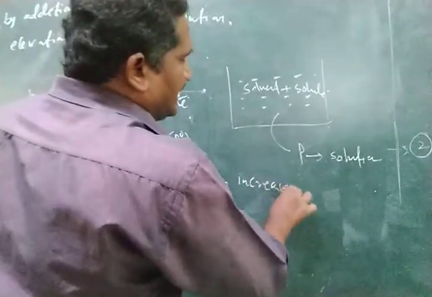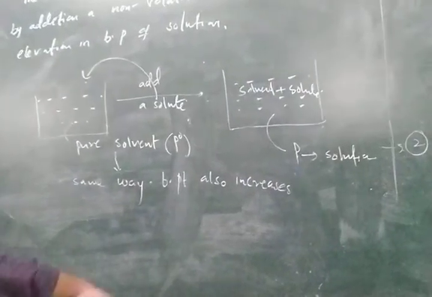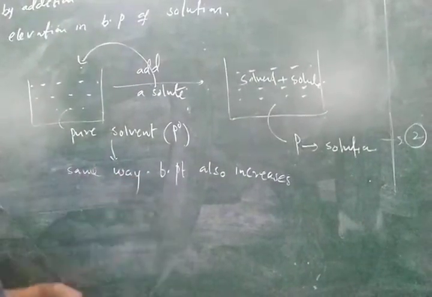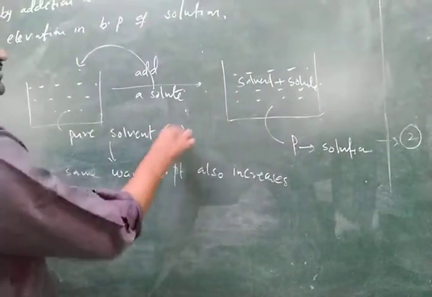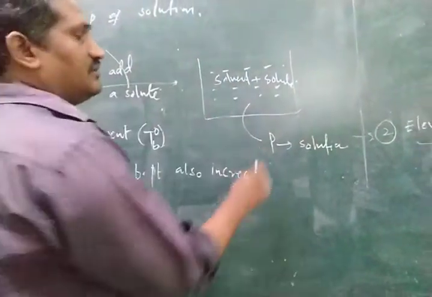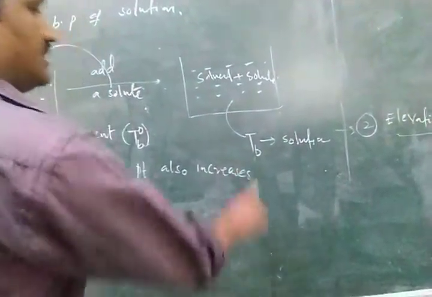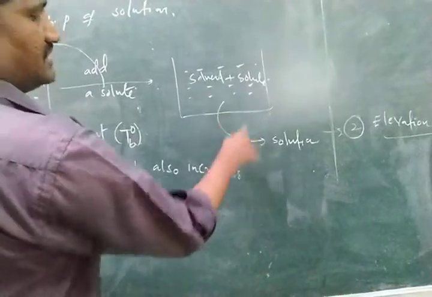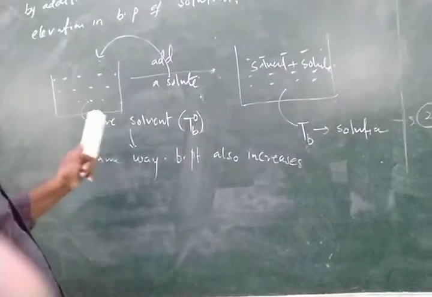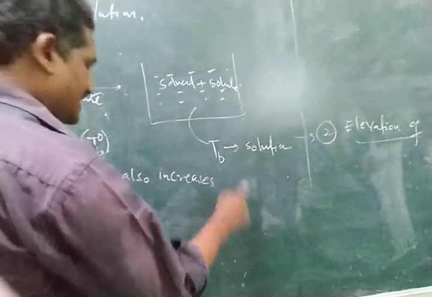Why does boiling point increase? The pure solvent boiling point is TB0, and the solution boiling point is TB.